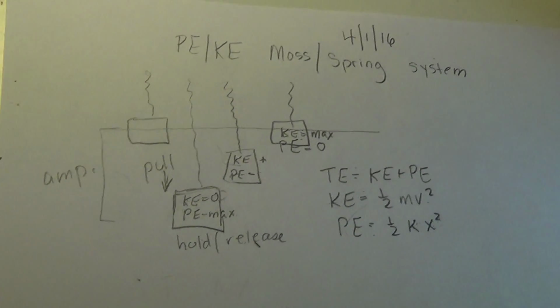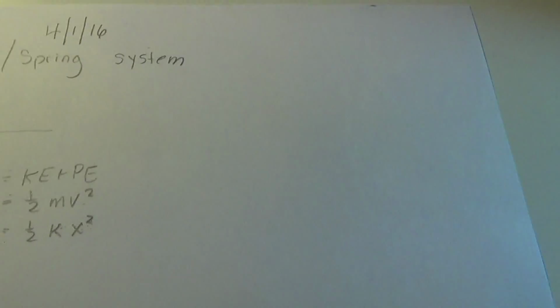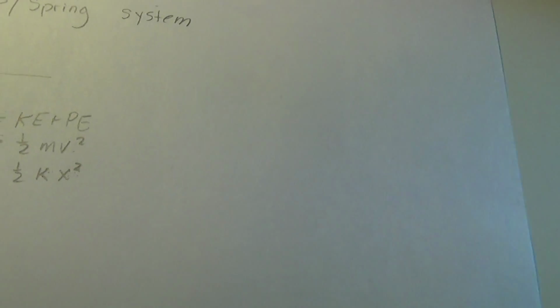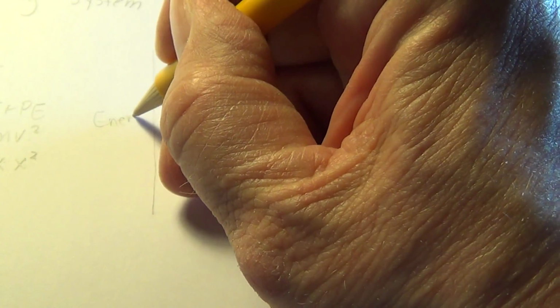So if I was going to graph this idea, let's move over here and make a fine graph. Let's see if you can write this as I do. I'm going to take an axis here, the vertical axis, and I'm going to plot my energy amounts on it in joules.